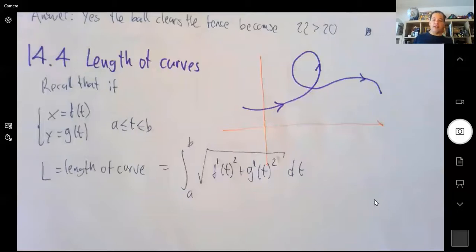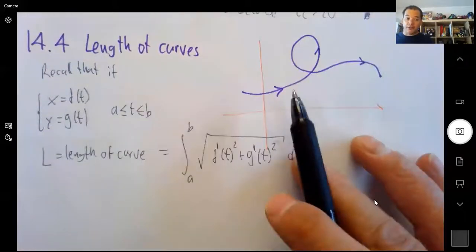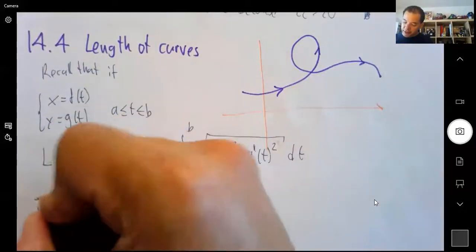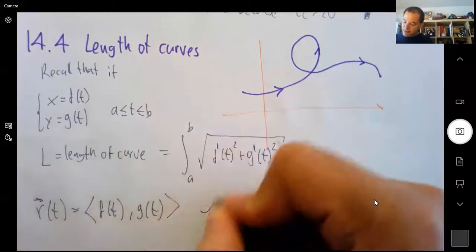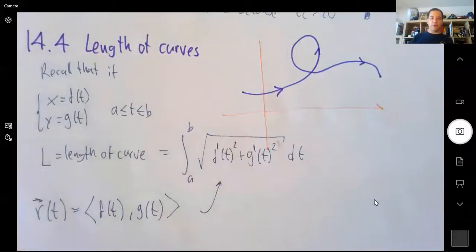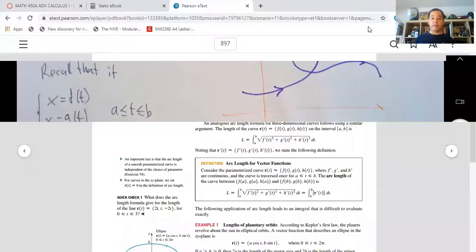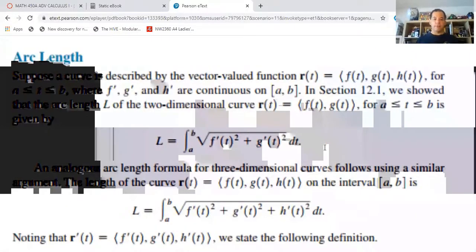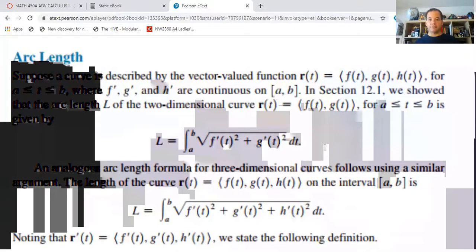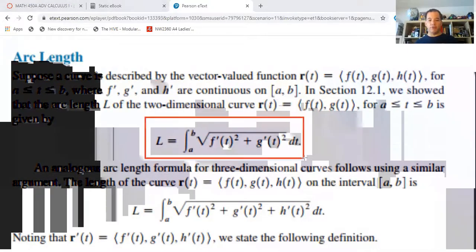And not surprisingly, the same way in which we figured it out. So that means you can also do this for a vector equation, right? If you write a vector r(t) and you simply write it as f of t, g of t, the same thing works. Now I'm gonna go to the book and show you how the exact same thing happens for 3 dimensions. So this is what we were just discussing. This part over here is the formula I just wrote to you on the page.